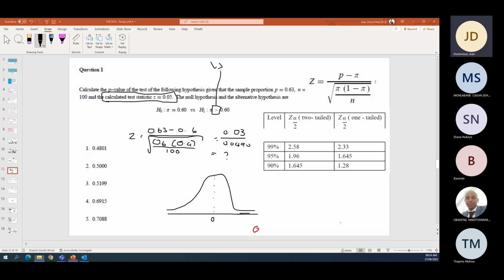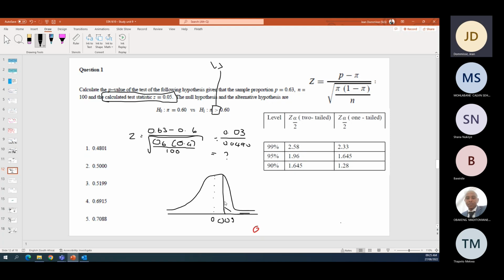It should not be like that because what they are now giving us is they're telling us the Z is 0.05. Okay.